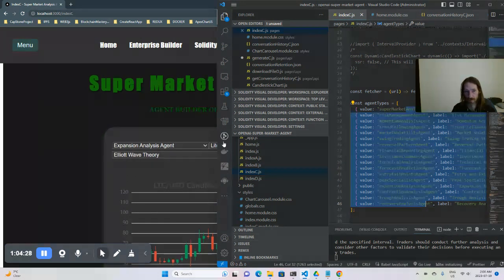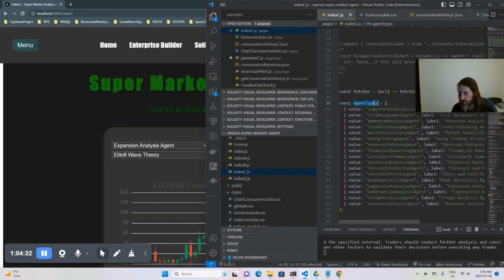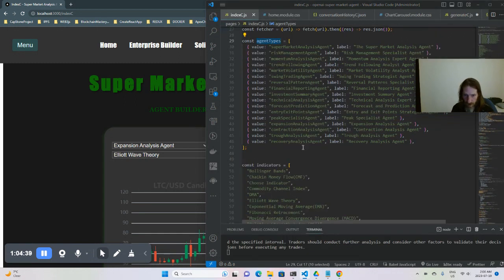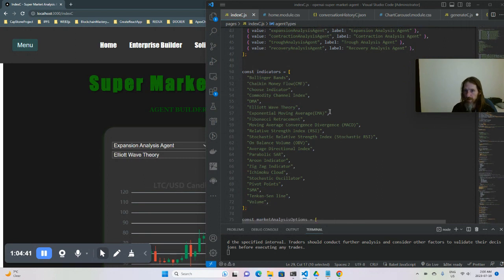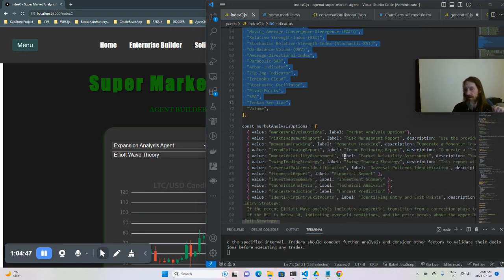Where this comes from, the agent type. And I think I can close that now for a minute. The indicators are all inside an array, so I can just add the market analysis options.